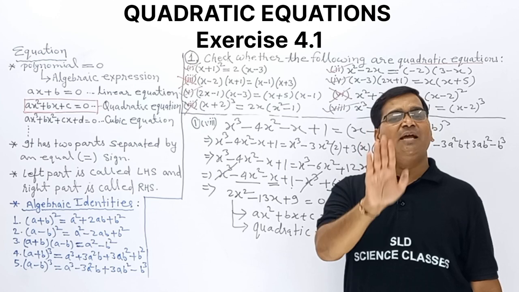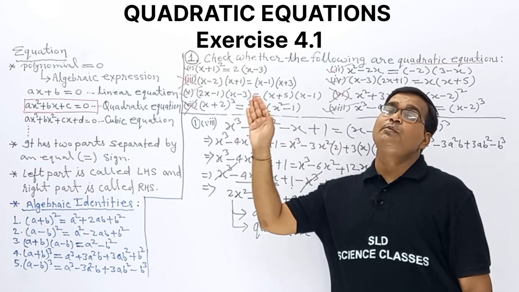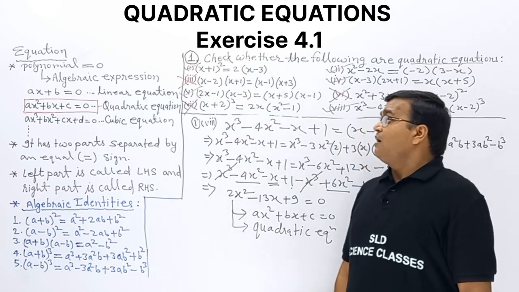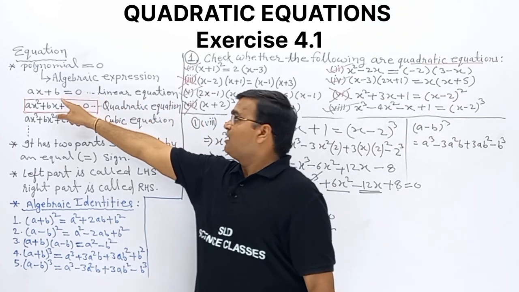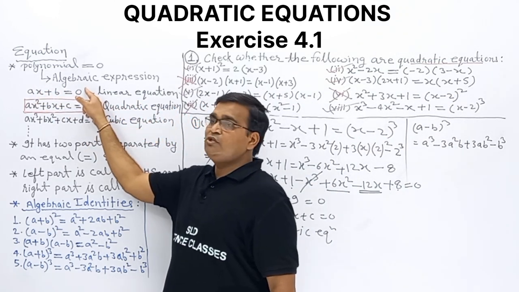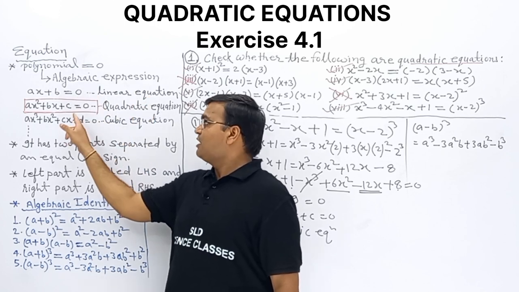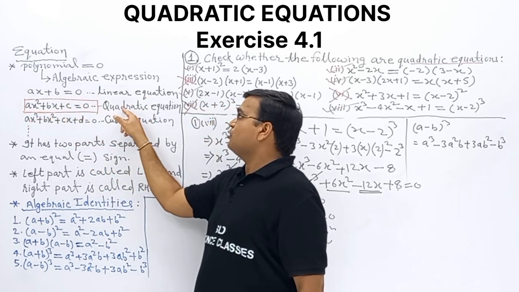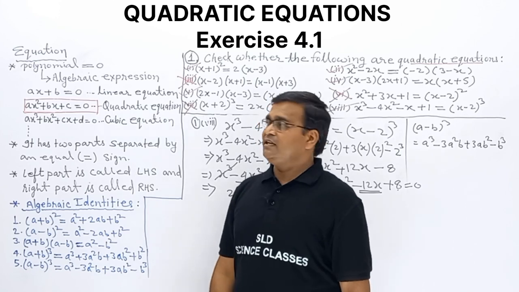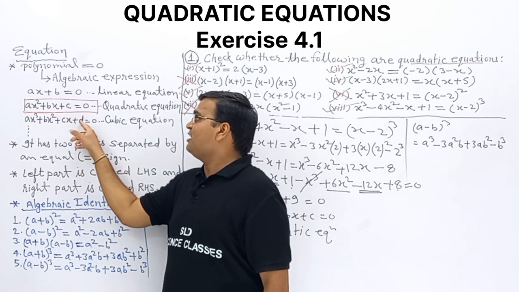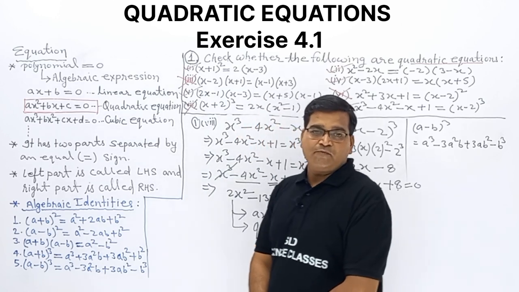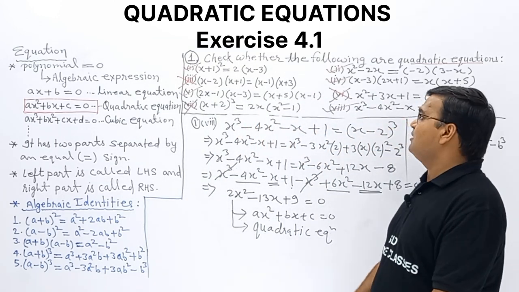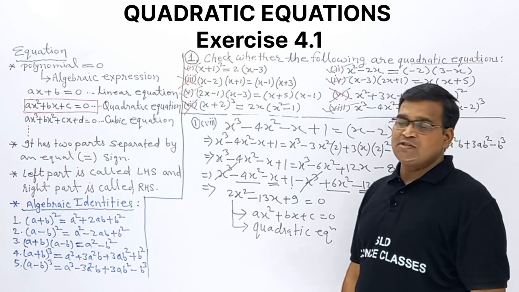Left of the equal sign will be the left hand side and right of the equal sign will be the right hand side. Clear? If we have a linear polynomial equal to 0, then we say linear equation. If a quadratic polynomial equal to 0, then we say quadratic equation. If a cubic polynomial equal to 0, then we say cubic equation.